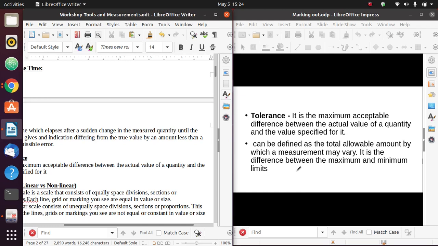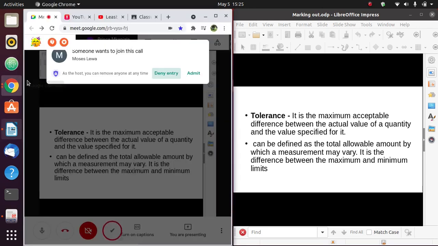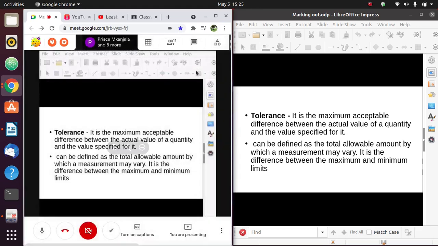Imagine when you cut 10 centimeters, that is what is required. But you make a mistake during the actual process, and you cut 9 centimeters. Then you don't have that room to make adjustments. So tolerance is defined as that allowable amount which a measurement can vary. Now it is usually the difference between the maximum and minimum limits, and we're going to see what limits mean in just a few seconds.